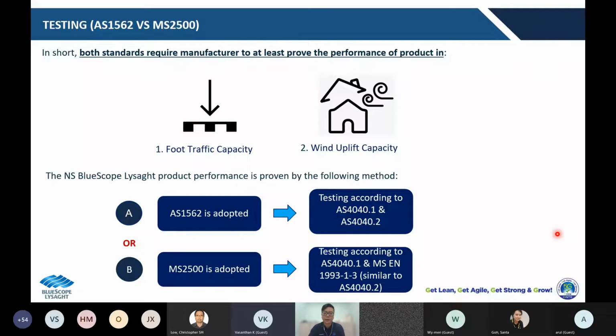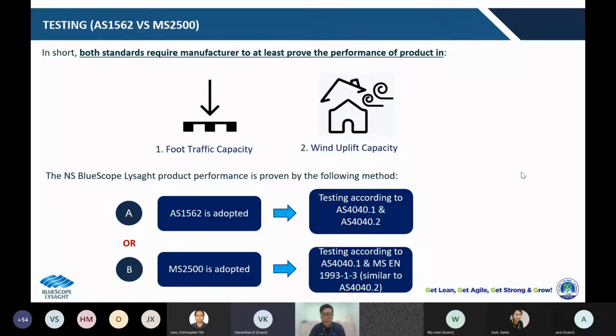Okay. As such, for our product, the performance is proven by, we have two options here. Option A: if the project adopts AS 1562 and it is accepted by the consultant, our product is already tested with AS 4040.1 and 4040.2.